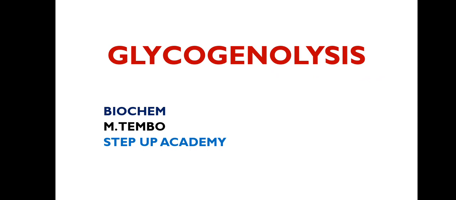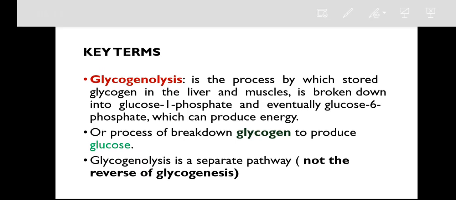That is why when you are in the fed state, remember in glycogenesis we said that excess glucose will be stored to glycogen for what? Energy storage purposes. But now, since the energy levels, or rather the blood glucose levels, are low, we'll start breaking down this glycogen back to glucose. And this is what we refer to as glycogenolysis.